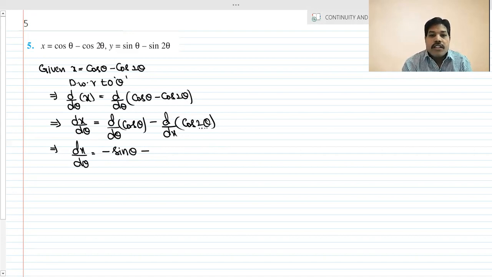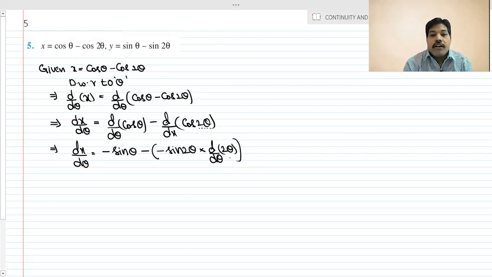This is the derivative of cos f of x. The formula is minus sine f of x into f dash of x, where f of x is 2 theta, so the derivative of 2 theta.